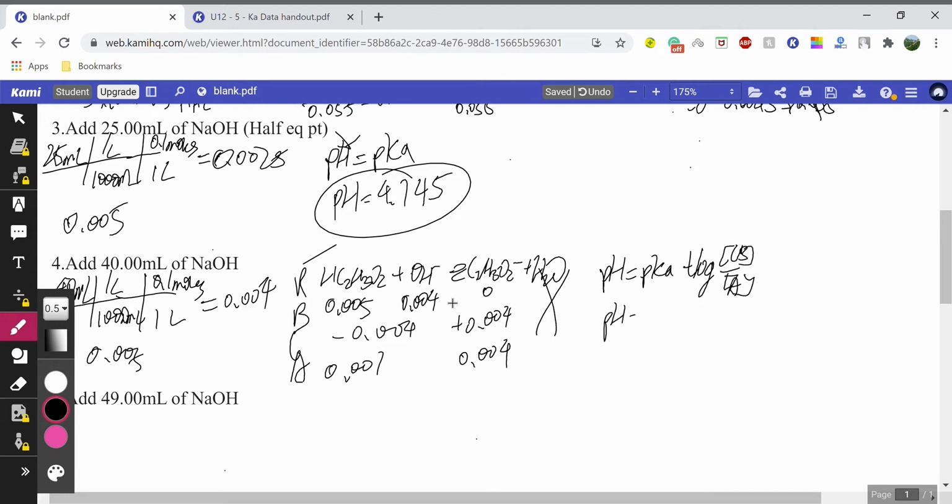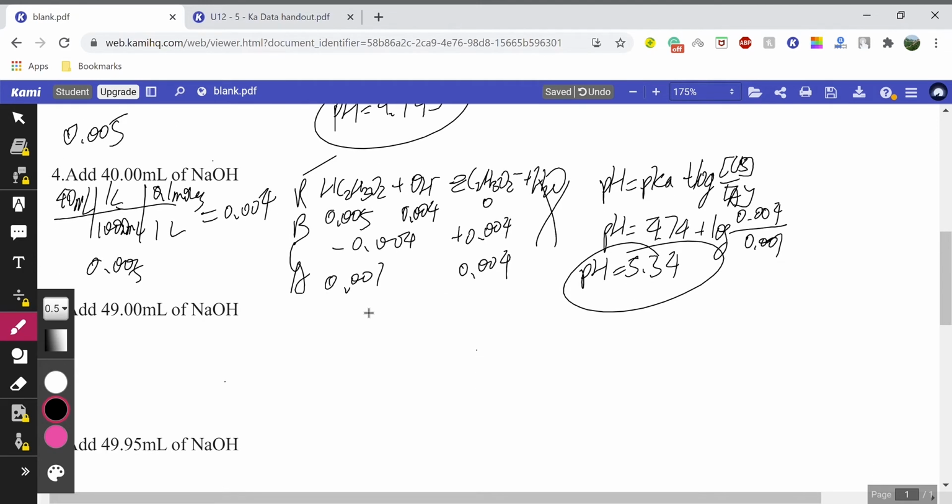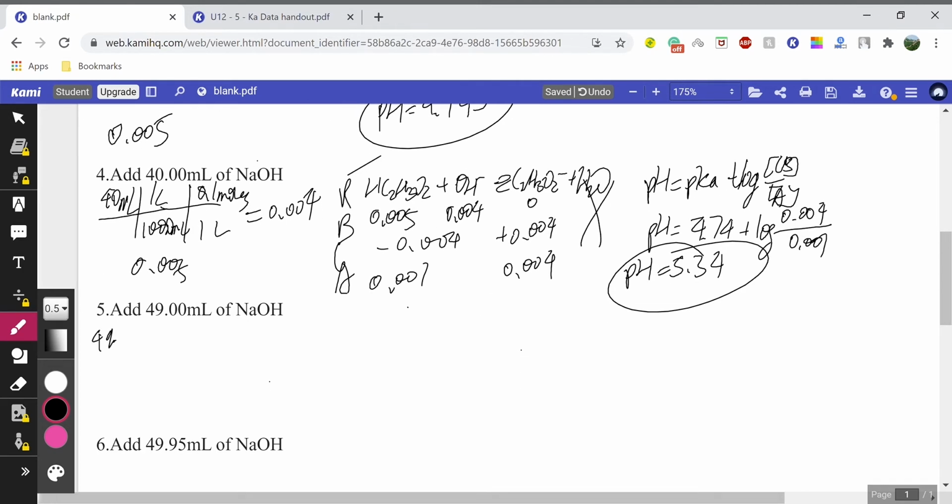So pH is equal to 4.74 plus the log of 0.004 divided by 0.001, which gives you 5.34. Next, 49 milliliters. 49 milliliters, 1 liter. 49 divided by 1000 times 0.1.